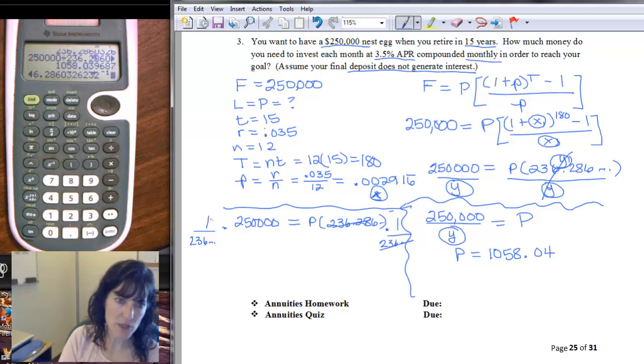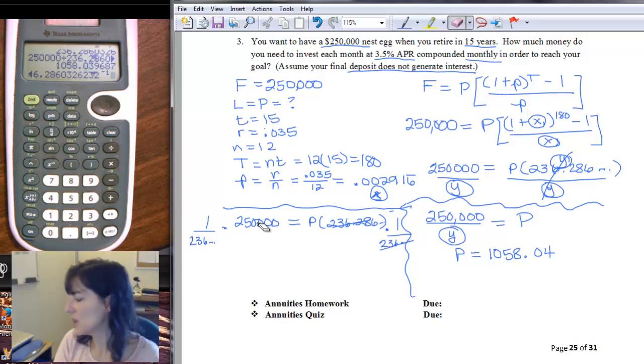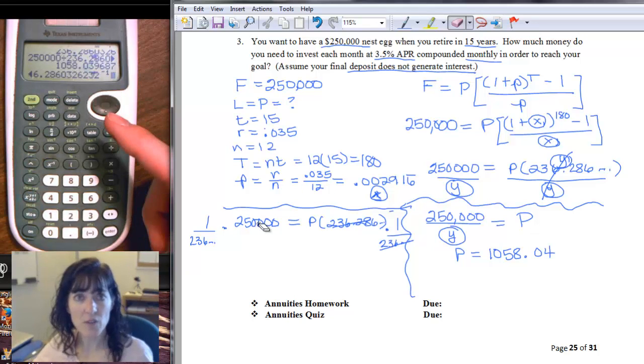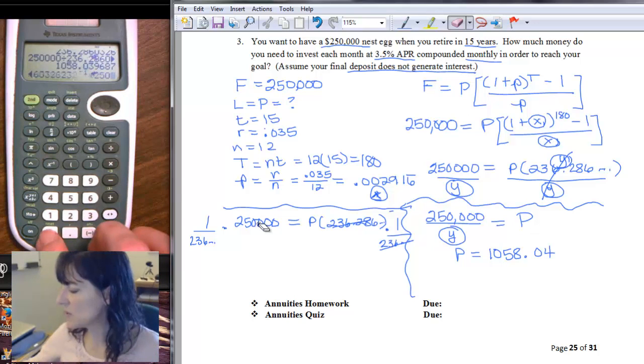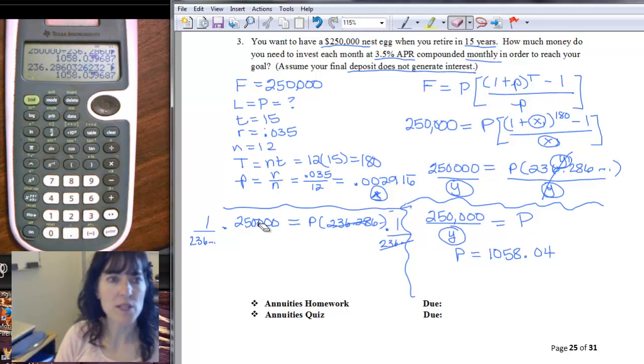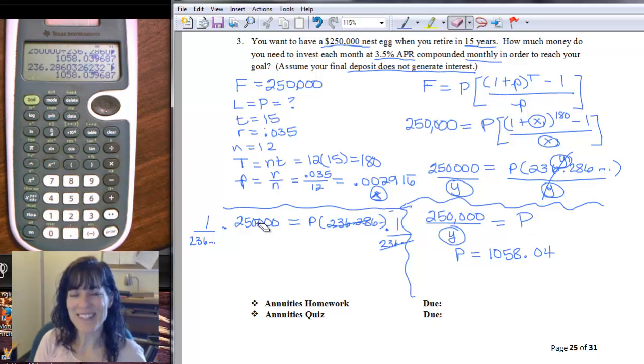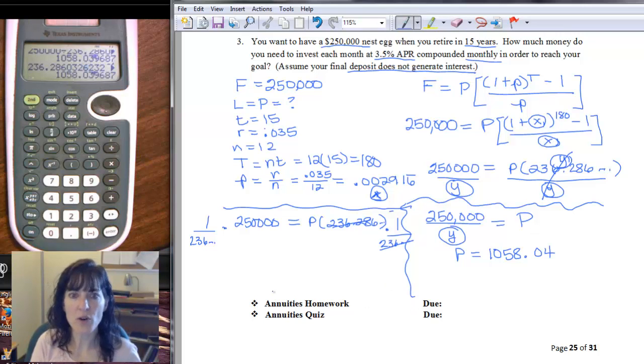That represents this piece. So my operation is multiply, so I can leave it sitting there with that -1 on it and just say times 250,123, and equals, and I get that same answer. Do you see it? 1058.04. So either way I work it, it depends which way you want to, if you want to use your store button or if you want to try out that 1 over X button.